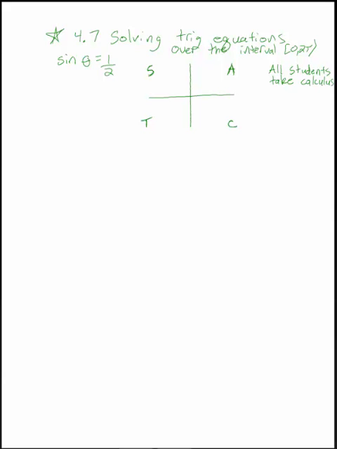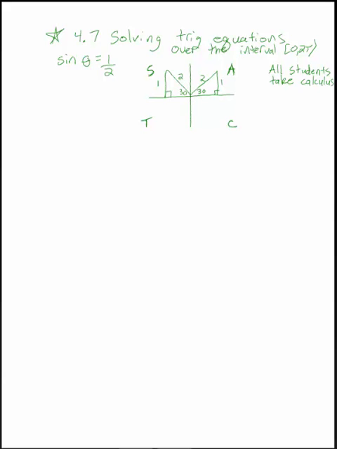Okay, so this sine function, sine of theta equals positive 1/2, so I'm going to get an answer in quadrant 1 and in quadrant 2. So I'll draw my two triangles, and now I just need to label them: the opposite side is 1, the hypotenuse is 2, and now I'm going to fill in the reference angles. Well, if the opposite side is 1 and the hypotenuse is 2, this is a 30, 60, 90, with the reference angle being 30.